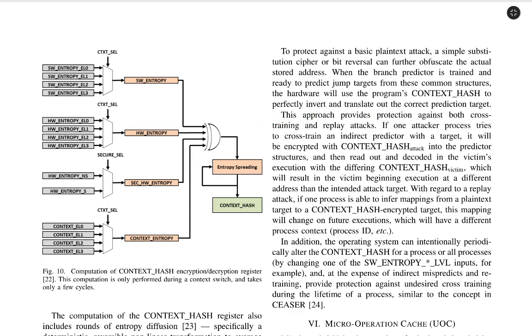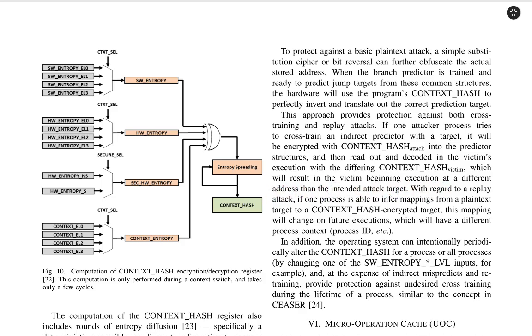This approach provides protection against both cross-training and replay attacks. If one attacker process tries to cross-train an indirect predictor with a target, it will be scrambled by the context hash into the predictor structure and read out and decoded in a victim's execution with a different context hash, resulting in the victim beginning execution at a different address than the intended attack target.